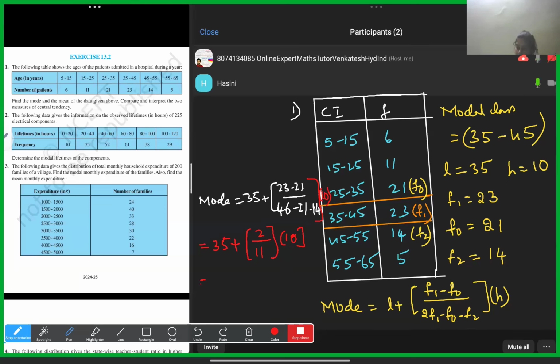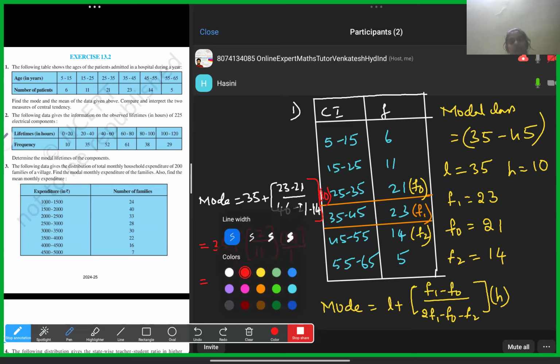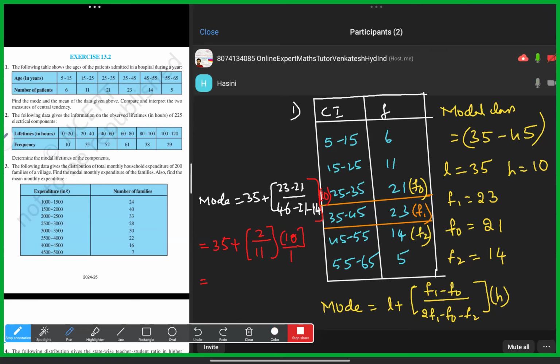Now, Hasni, whenever you have a situation like this, first we should check whether there is multiplication between them, and check for any cancellations. 2 and 11, 10 will be part of the numerator only. Is any cancellation possible with 46 minus 21 minus 14?